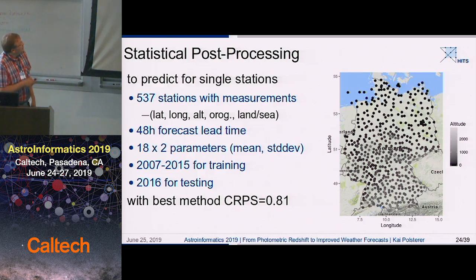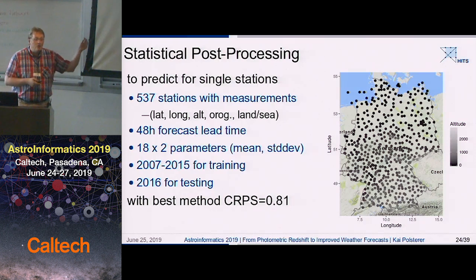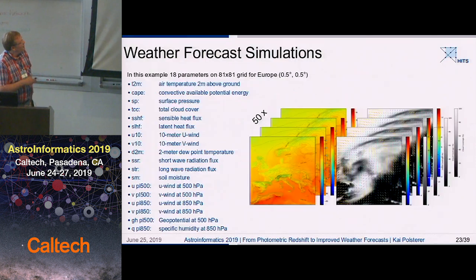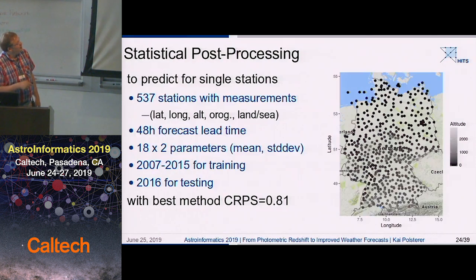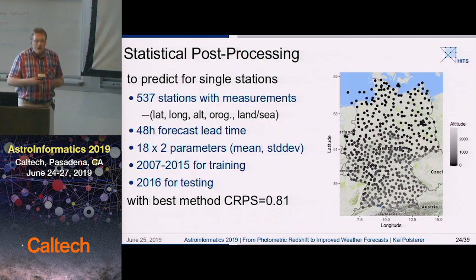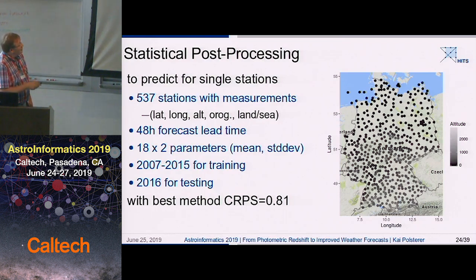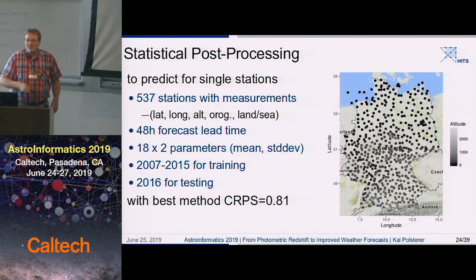And in principle the parameters. And what they usually do is they use the things for statistical post-processing. They want to know how do we have to interpolate those 81 by 81 maps I've shown you here. How do we have to interpolate them to actually know what is the weather at a certain station? So they take the ensemble of 50 simulation runs they do and just represent every value at every grid point with its mean and standard deviation.